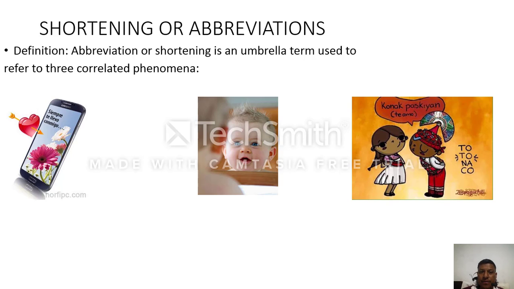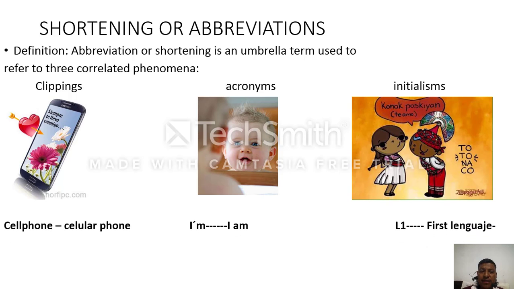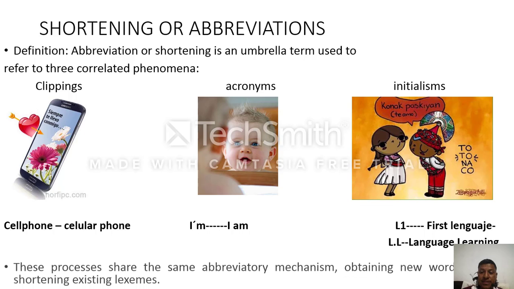It refers to three correlated phenomena. For example, blends, clippings, initials. And clips, cell phone, cellular phone. I'm for I am. Initials, L1 for first language. In acronyms, we have IM for I am. LL, language learning.